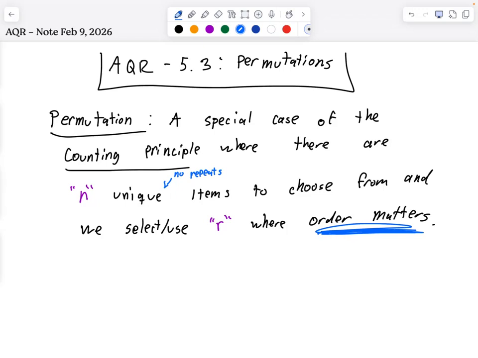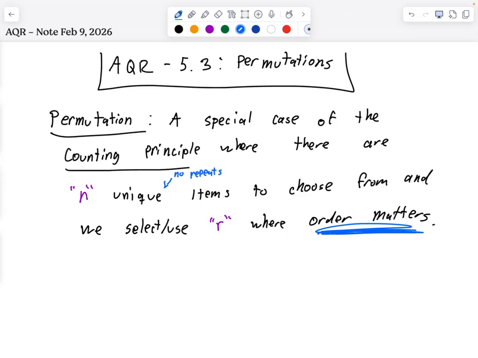If you inputted 3, 2, 1, would that open up your locker? No, because order matters. The order of 1, 2, 3 and 3, 2, 1 is not the same. This is called a permutation.